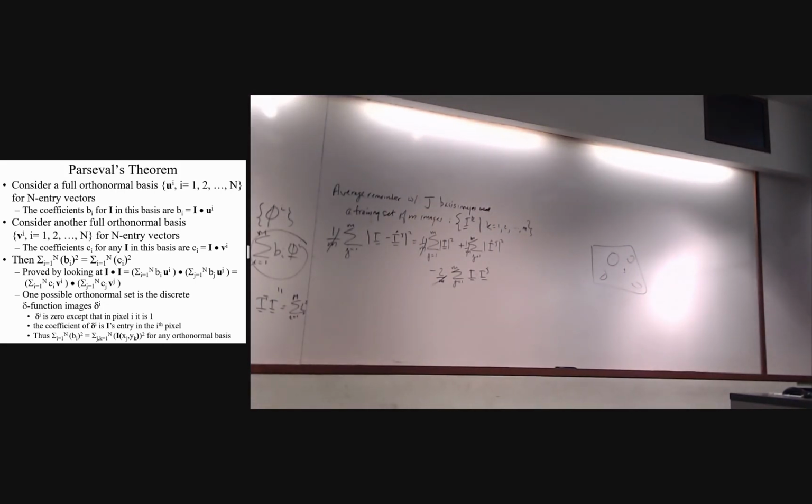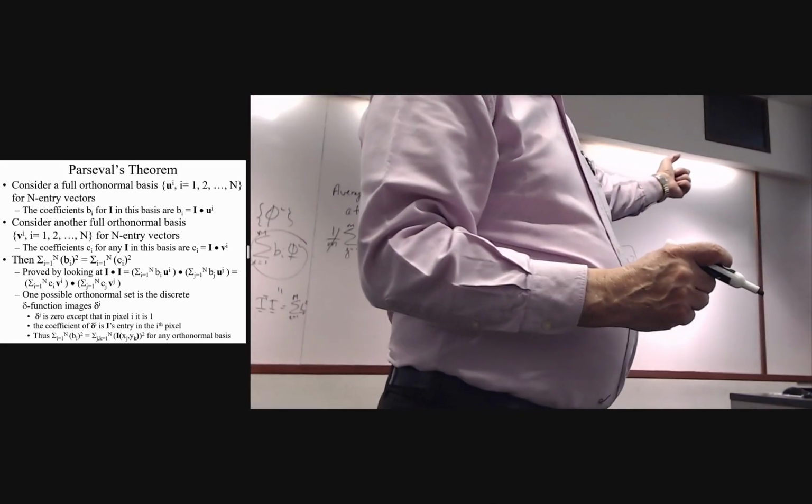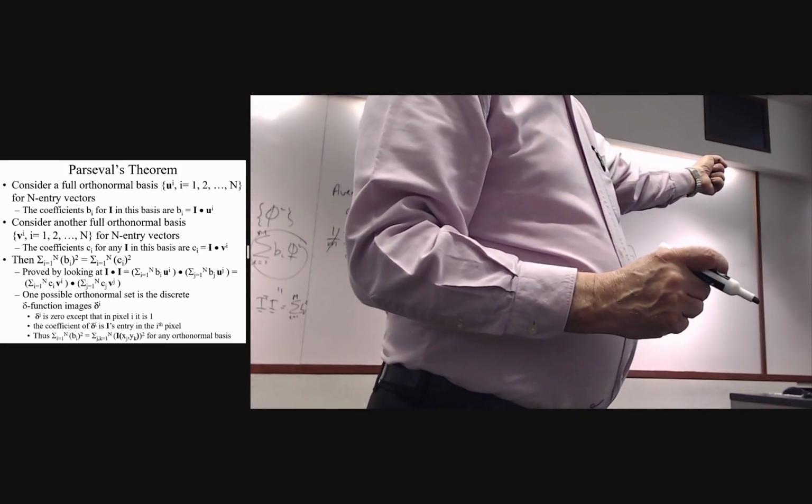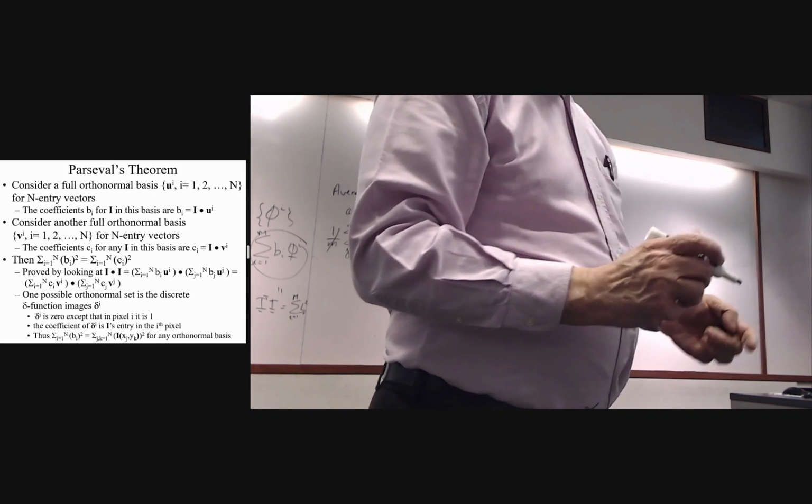You take one with a 1 in one place and another image with a 1 in a different place, and you multiply them together pixel by pixel and then add them up. The 1 multiplies by a 0 in both places, and you end up with 0. So it's orthogonal. And the sum of the squares of the entries is 1. So sure enough, that's an orthonormal set.